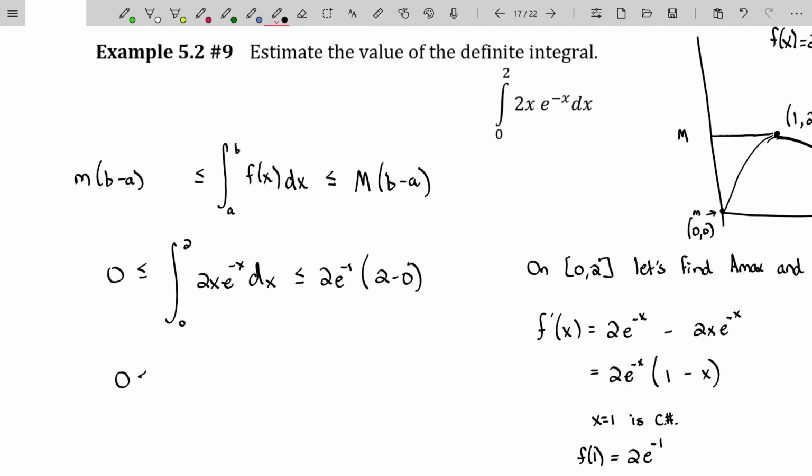So the estimate for this integral is some number between 0 and 4 over e.